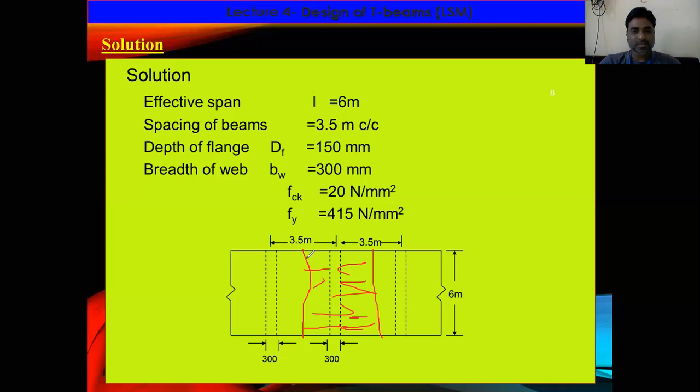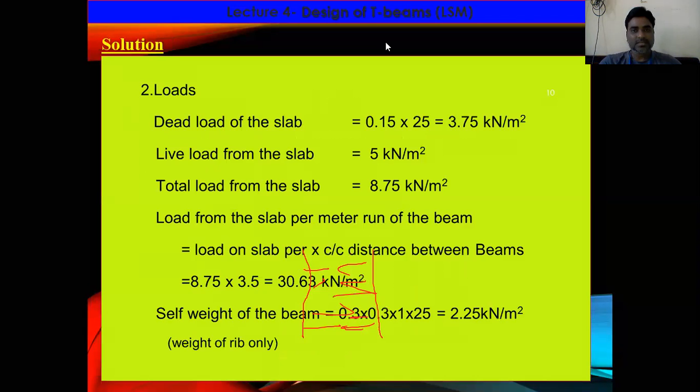So this is 3.5 by 2 plus the width plus 3.5 by 2, that will come as 3.5. If you multiply that center to center distance, then you will get the load per meter run of the beam, right?